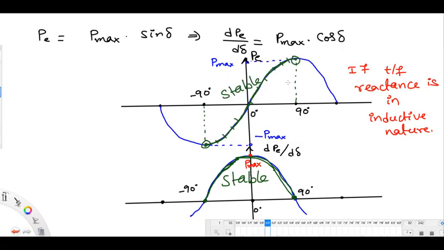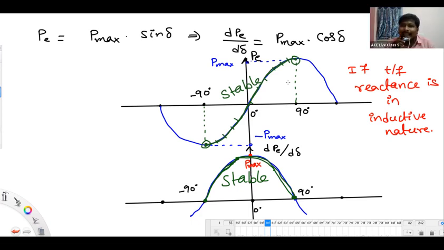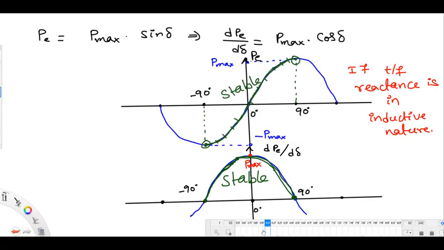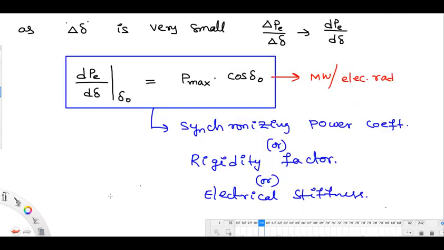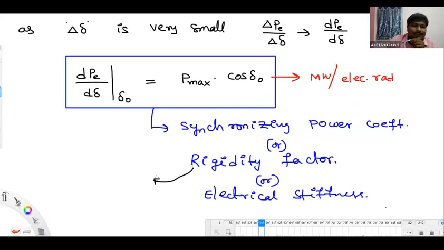Rigidity is the strength of the system in accepting the disturbances. What we said in the case of reliability is the capability of the system of supplying the load all the time, irrespective of the disturbances.